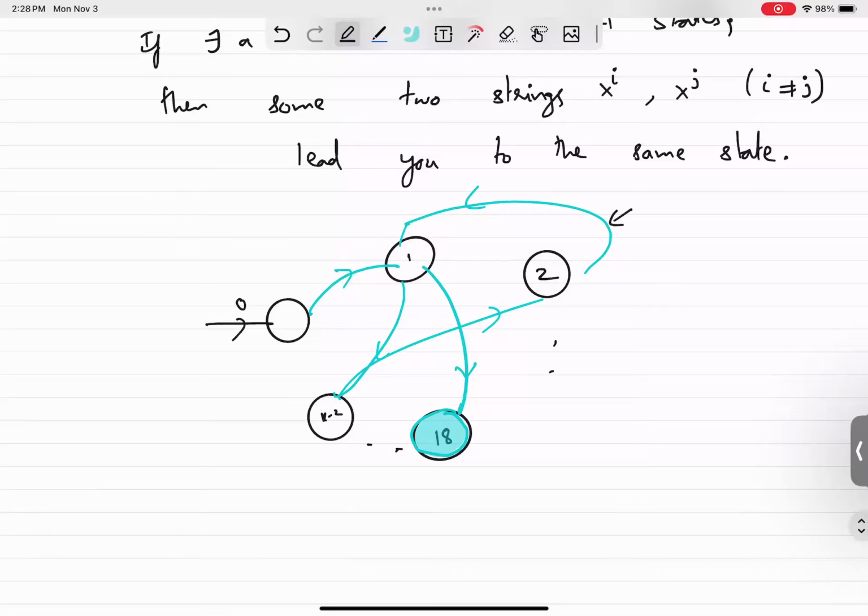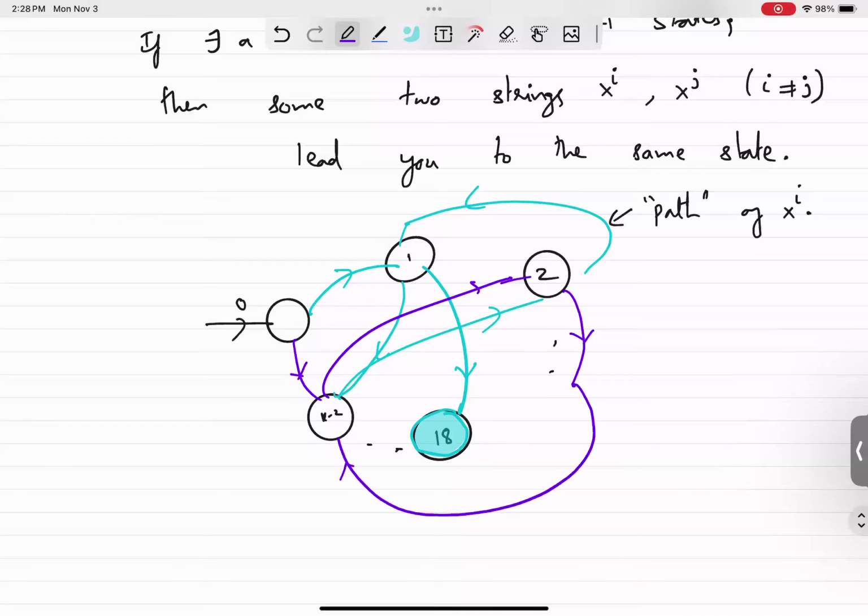So this is the path of xi. You hop around based on what the input says, but at the end, when you process it, you ended up in state number 18. And xj also did something else. It took a completely different path. All roads lead to Rome. Here, at least some two roads lead you to the same state. You ended up in the same state.